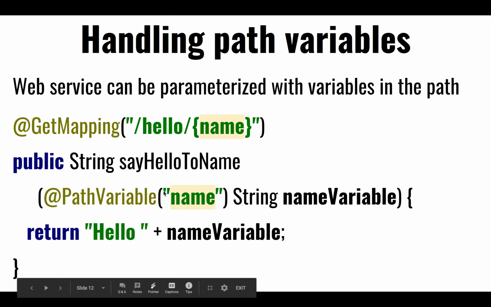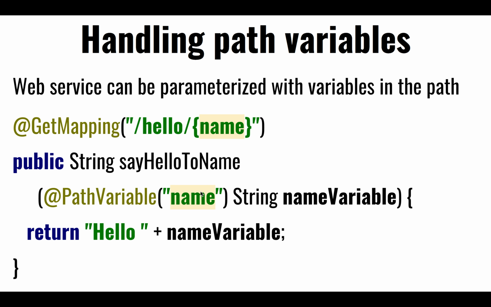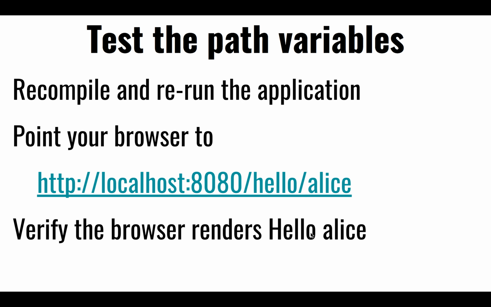Path variable can refer to the placeholder, give it a name, and whatever value was in there will be parsed and passed to you in the signature of the function. Very useful, and however you want to use it is up to you. So here, for instance, we're passing Alice, and the server responds with hello, Alice.